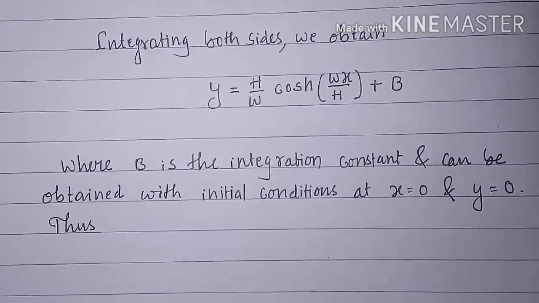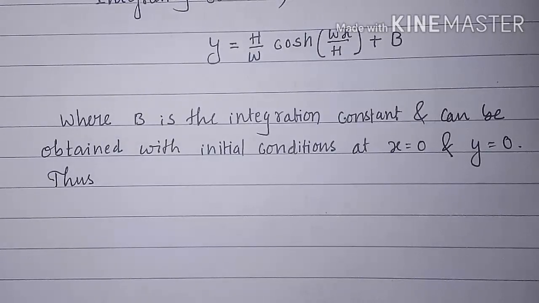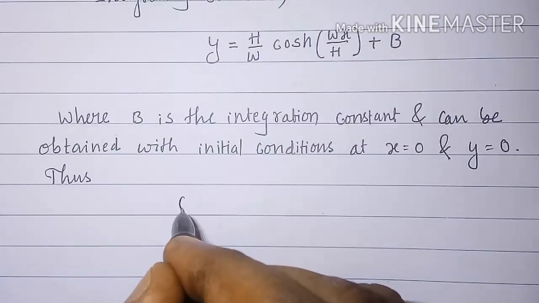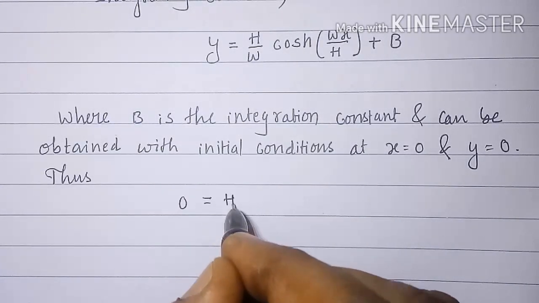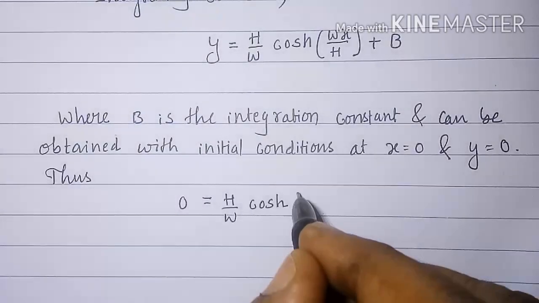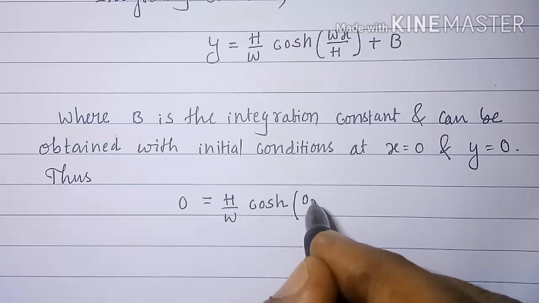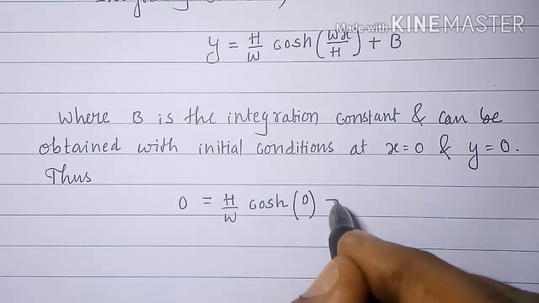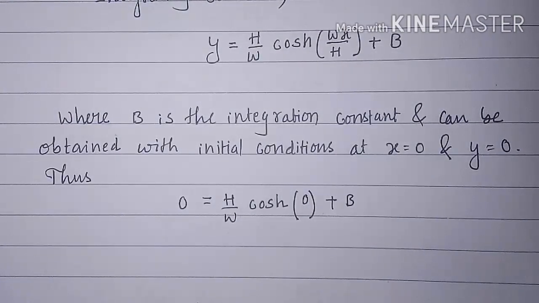Thus, 0 equal to h by w cosh of 0 plus b. Cosh of 0 is 1. Therefore, b is equal to minus h by w.